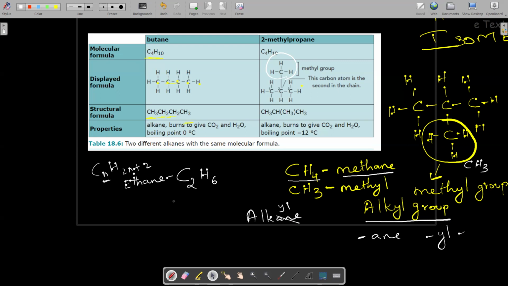And if I remove one hydrogen from this alkane and make it C2H5, then I will call it ethyl. This will be called an ethyl group. And so on, propyl, pentyl, it will go on. So this will be our first consideration when we have to name a compound.